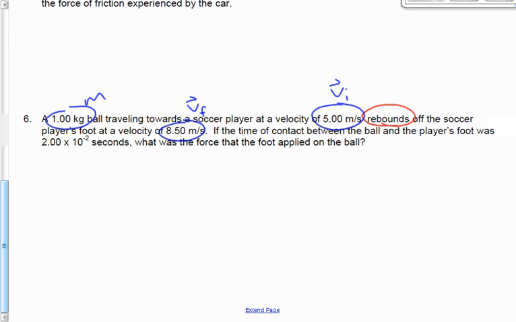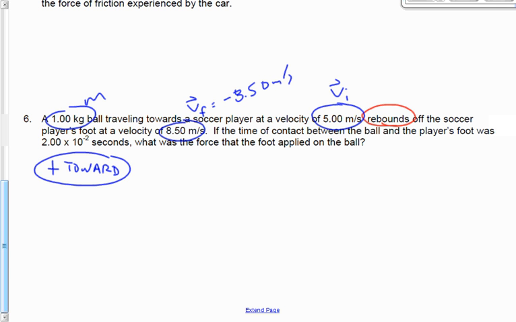I don't even remember when I did this question, the answer key that I showed you a minute ago, whether I used toward me as positive or away from me as positive. It doesn't matter though. Right now, I'll define toward me as positive. That means that this is going to be positive 5. This would be negative 8.50 meters per second.